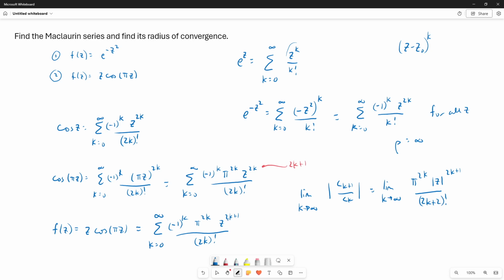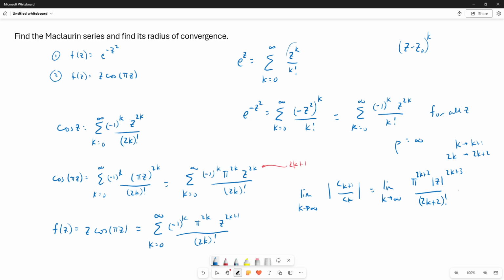Sorry, I'm replacing k with k plus 1. So this should be 2k plus 2 here, and this should be 2k plus 3 here. So 2k plus 2 and 2k plus 3, because k should be replaced by k plus 1, which means 2k is replaced by 2k plus 2, and 2k plus 1 then is 2k plus 3.